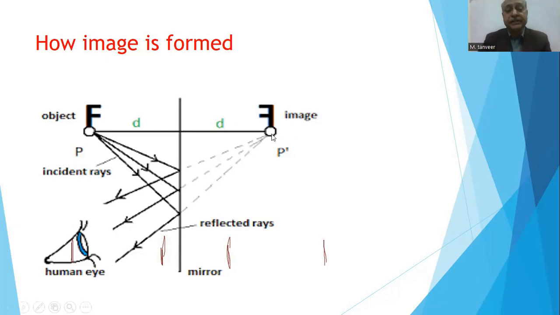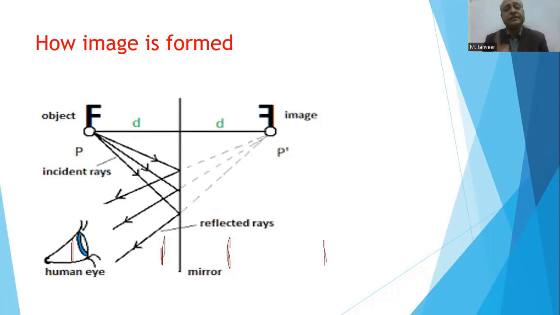These rays meet at this point. So this is the image. When I measure the distance of the image and the distance of the object, these are equal. So a plane mirror always forms an image behind, and this image is called a virtual image.